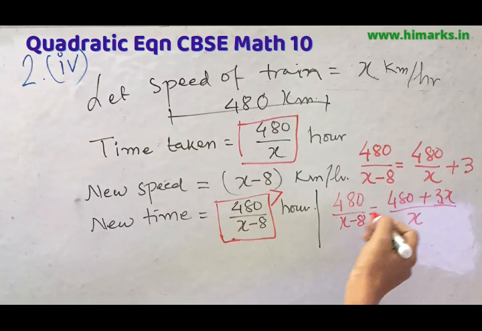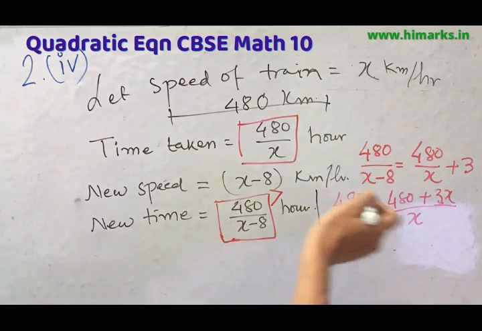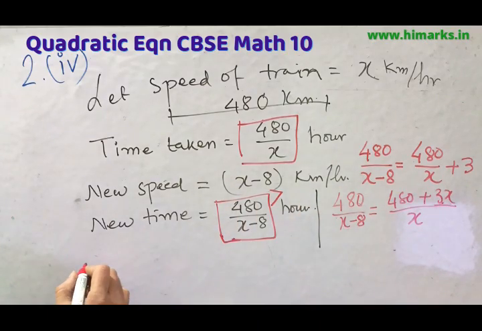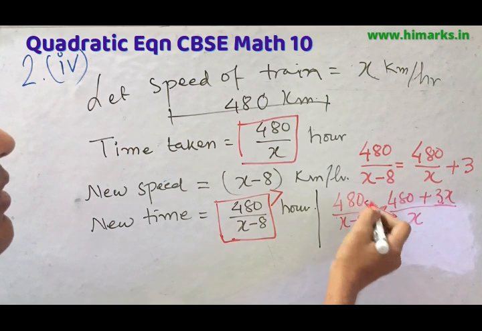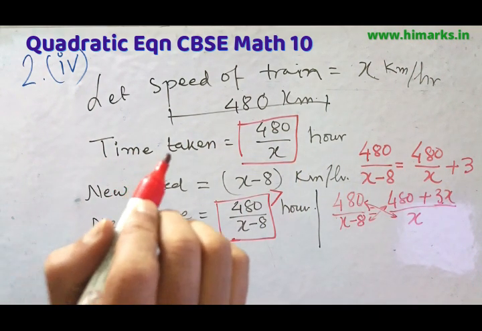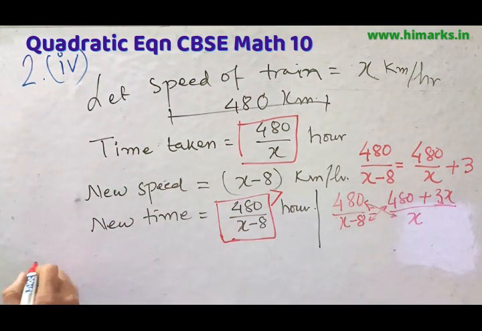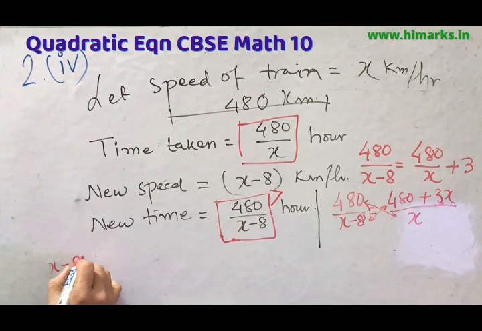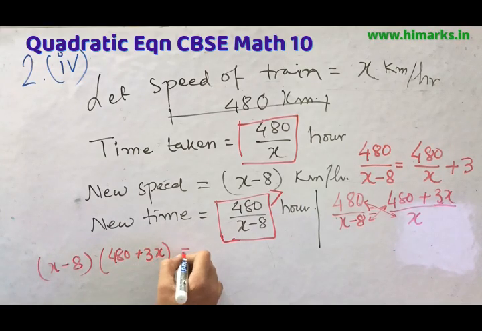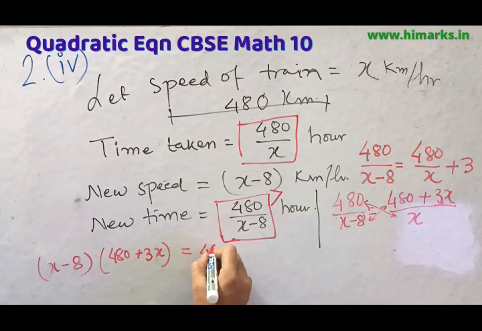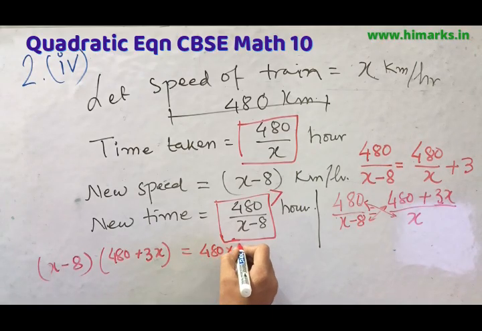Okay, then we will cross multiply. So how does cross multiply look? These and these have to multiply. We'll take this one first: x minus 8 into 480 plus 3x, and this side is 480 into x. So cross multiplication is done.